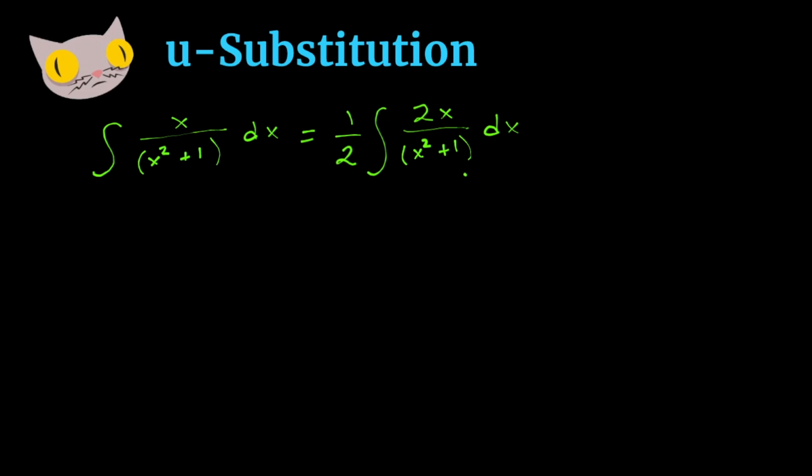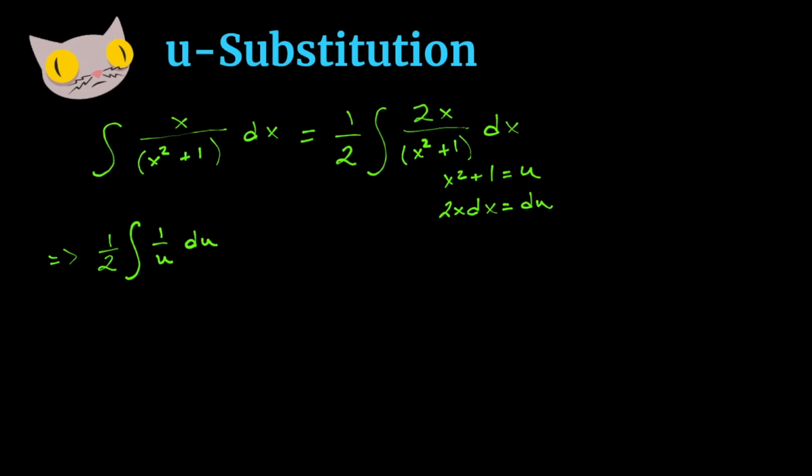Let's go ahead and make x squared plus 1 our u, and then the 2x dx will be our du. So now we have 1/2 the integral of 1 over u with respect to u. Much simpler.